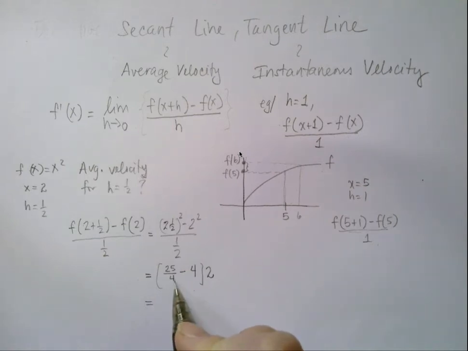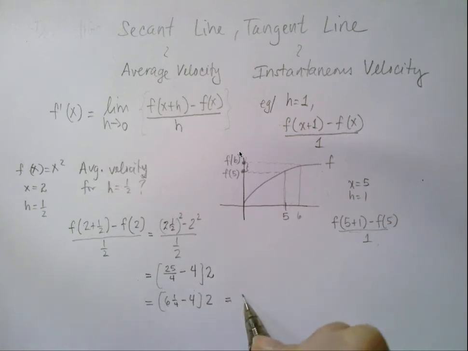So this is 6 1/4 minus 4 times 2 equals 2 1/4 times 2, which is 4 1/2.